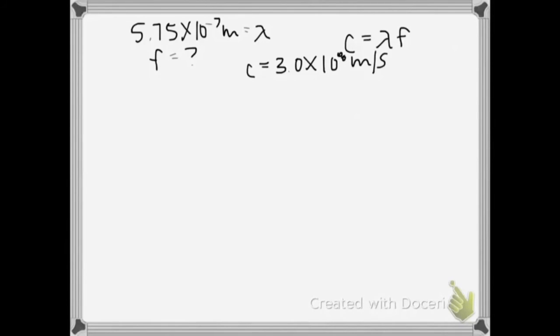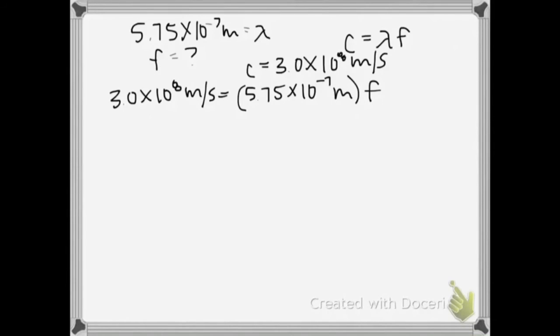Okay, so what I'm going to do now is plug all these things in. So I know my C, and then I have my wavelength, 5.75 times 10 to the negative 7th, and then I'm looking for F. So to get F by itself, I want to divide on both sides by 5.75 times 10 to the negative 7th. Okay, it's going to cancel over here and leave F all by itself.